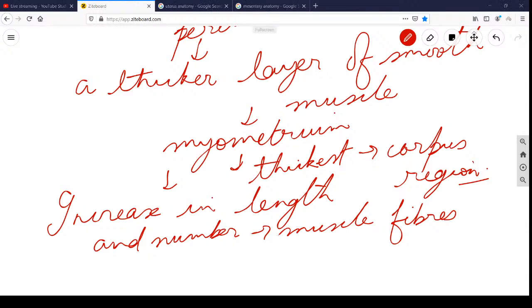Now, the layer internal to that is known as the endometrium. Very important layer. Internal to the myometrium is the most important layer, which we will be dealing with in regard to the menstrual cycle, which is again a cycle of gargantuan importance.